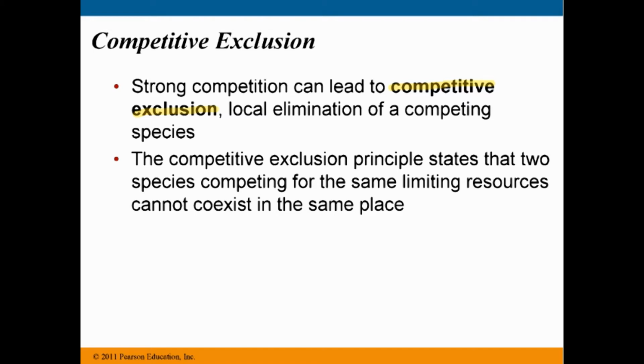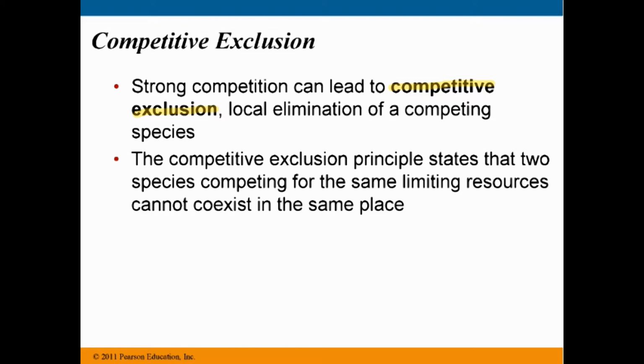Competitive exclusion states that if you've got two species in a particular area, and those two species compete for the same resources, then more than likely one of the species is going to be eliminated and the other species will remain to be able to use that resource.